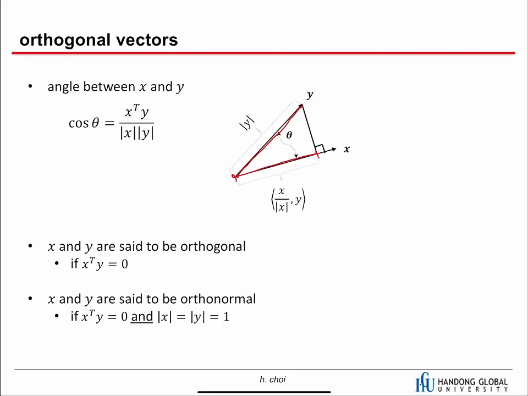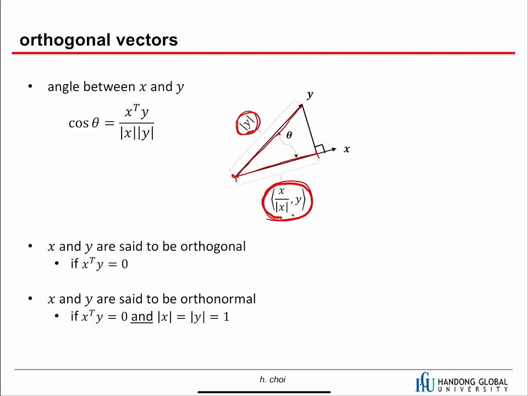Then cosine is defined by this one and this one. So this one is a denominator, and this one is a numerator. Okay. So this one is a norm of y, so this is obvious. And how can we get this number?